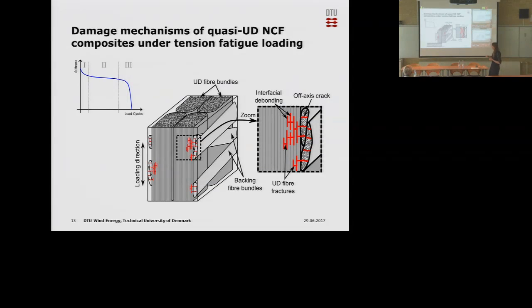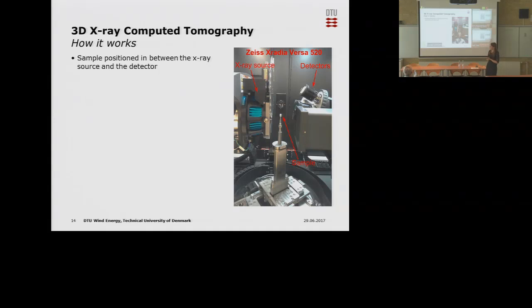And what we found was that X-ray computed tomography is a very useful method for looking into this damage progression and how it actually looks. So the idea of this method is that you have an X-ray source and an X-ray detector, and you place the sample in between, and then X-rays are emitted from the source to the detector and penetrate through the specimen, and this gives a contrasting image depending on the material density.